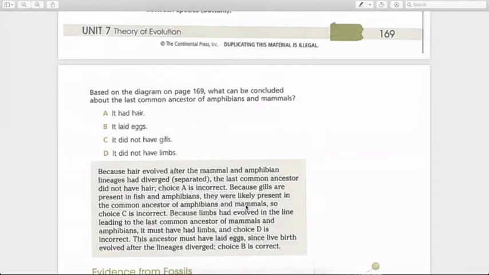Frogs can do that, by the way. So choice C is incorrect. Because limbs had evolved in the line leading to the last common ancestor of mammals and amphibians, it must have had limbs. So choice D is incorrect. The ancestor must have laid eggs, since live birth evolved after the lineage diverged. Choice B is correct. So I was correct.